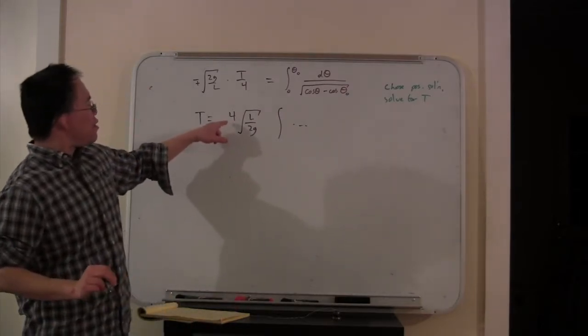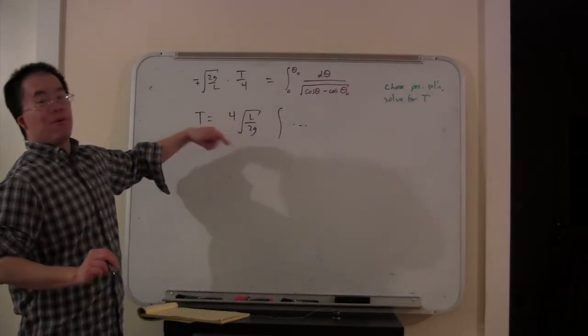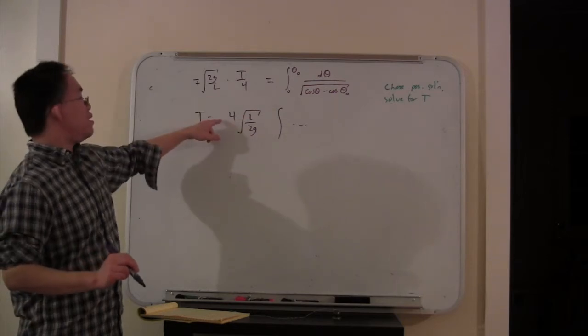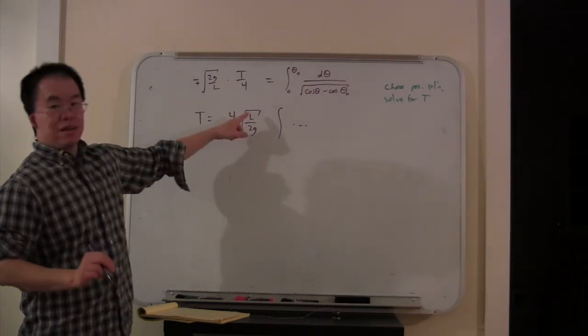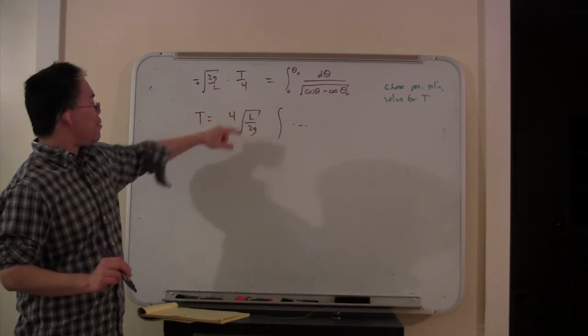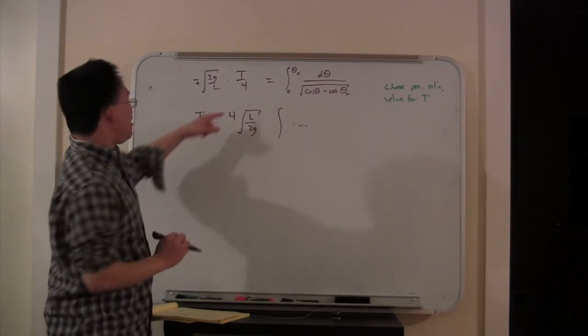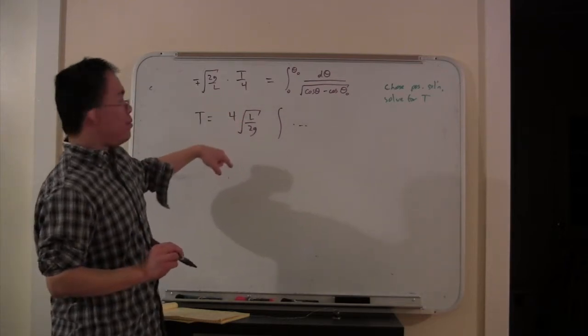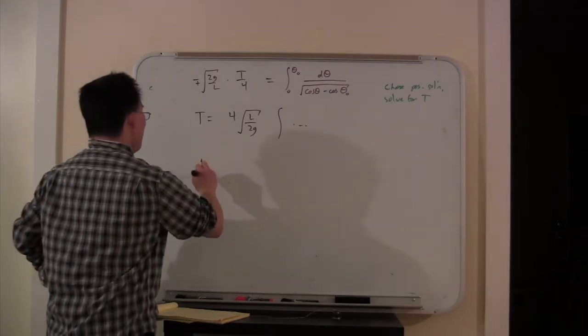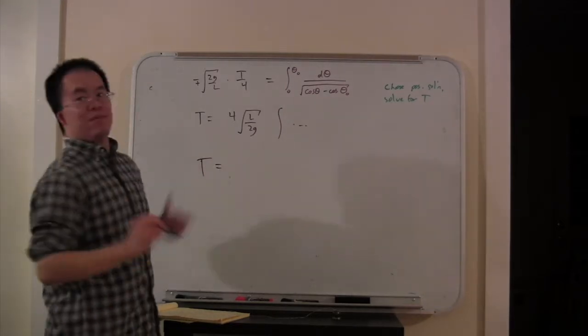I can simplify this a little bit if I remember that 4 is the square root of 16. So if I shove the 4 under the square root, I end up with square root of 16 divided by 2, which is 8. And then I get my final result.